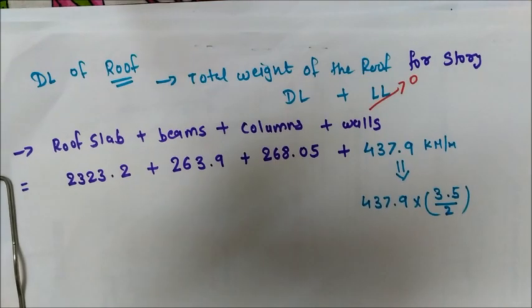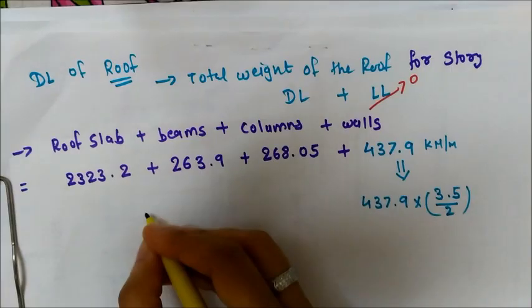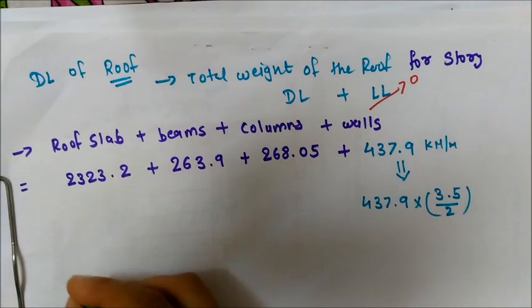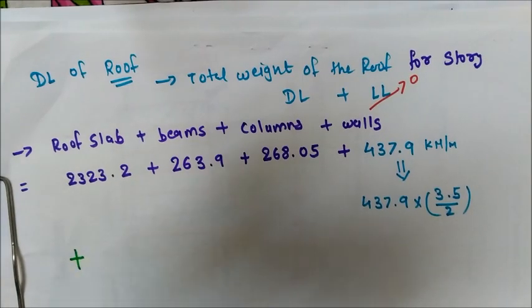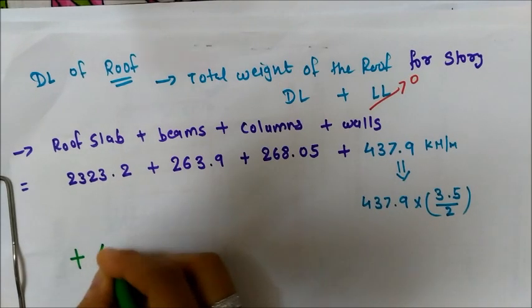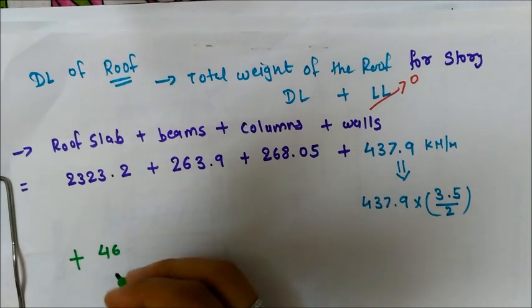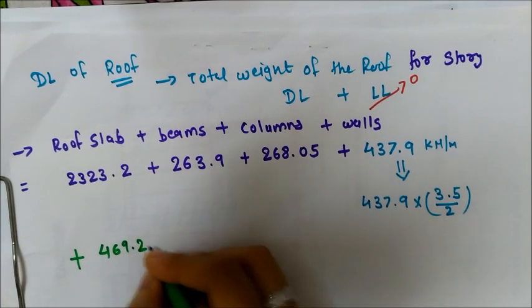The same fundamental we are using for the walls. Also in walls we have to consider two types, longitudinal walls and transverse walls. So first I take longitudinal walls, 469.2.